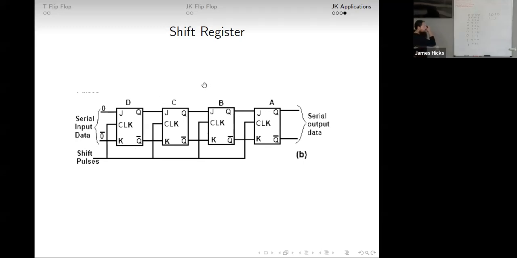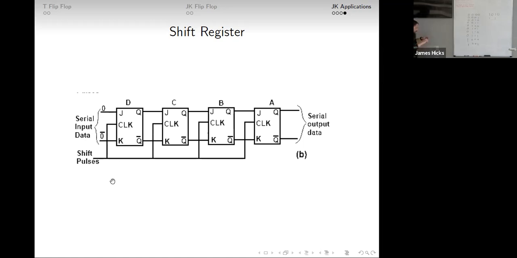So they're in series, but they're all getting the same clock cycle. The clock cycle doesn't change. They're all moving at the same time. So what happens is I can input any data that you input to the first one.